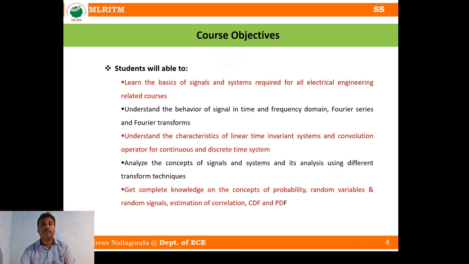We have some transforming techniques like Fourier series and Fourier transforms, and the student can understand the characteristics of linear time invariant systems. Here particularly we study the convolution operator. And the student can easily analyze the concepts of signals and systems using different transform techniques.